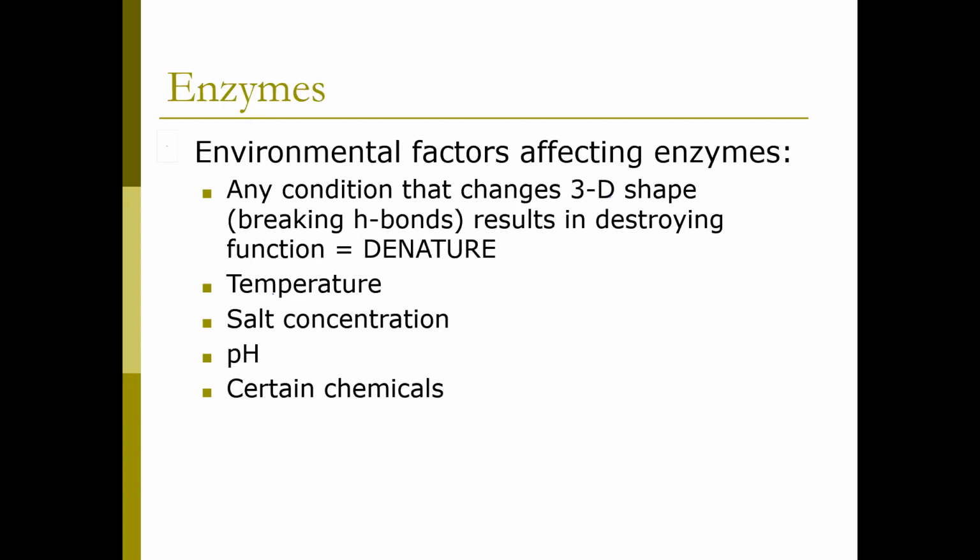This can also happen if there's a change in the salt concentration or the pH. Enzymes typically have a certain pH range that is optimal for them, and if the pH is too high or too low, outside of that optimal range, then they become denatured and they no longer work. Certain chemicals can also cause that to occur.